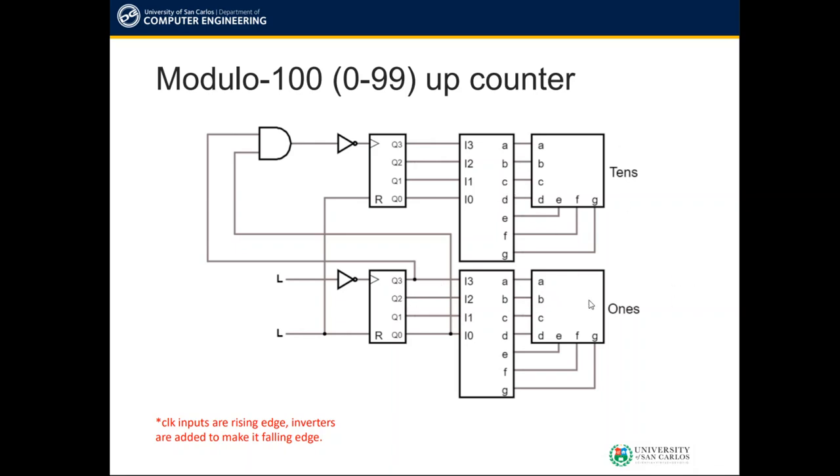Remember that we want right after 9 it goes back to 0. So whenever it's from 9 to 0, the output here is 1 to make the output 10. So you can either use this one. Whenever the values of your Q3 and Q0 are 1 and 1, you can start the toggling of the clock pulses of your second decade counter.